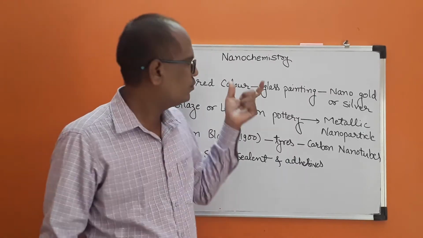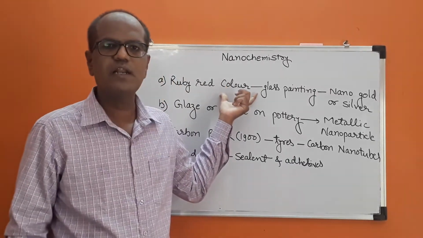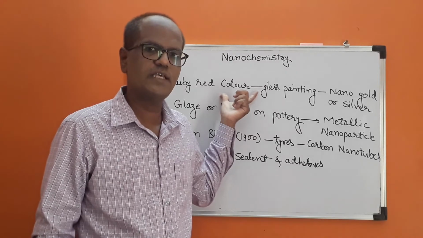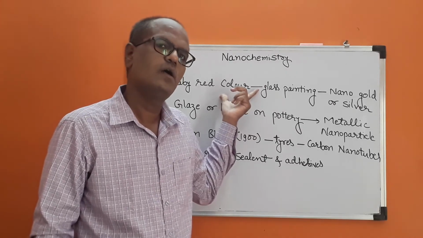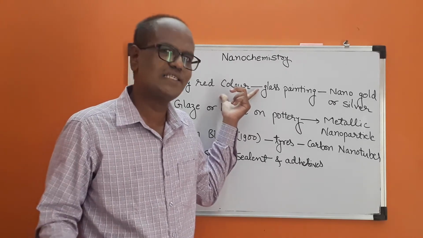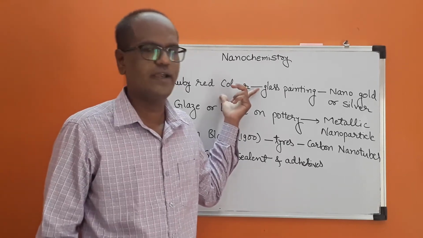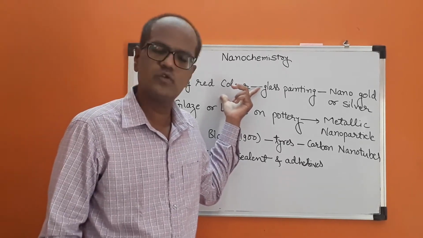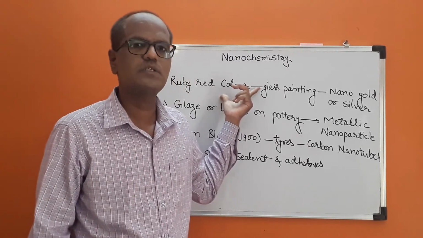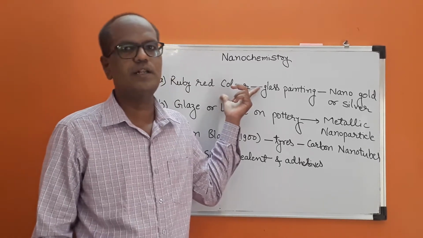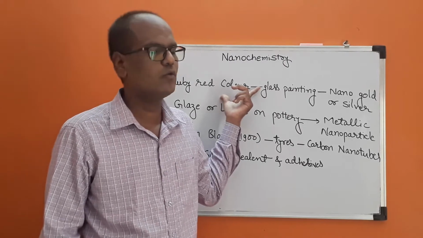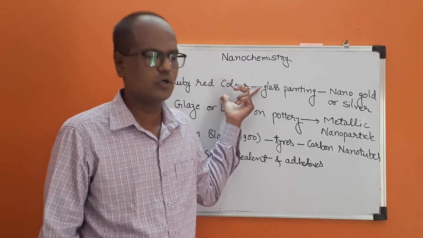Right? From this, we can conclude that nanoscience was known to human beings since the last 600 years. But by that time, nanoscience was not defined, or human beings did not know that this substance contains nanomaterial particles or that its size is small, whatever it is, they did not know.